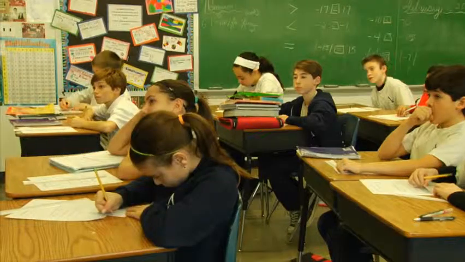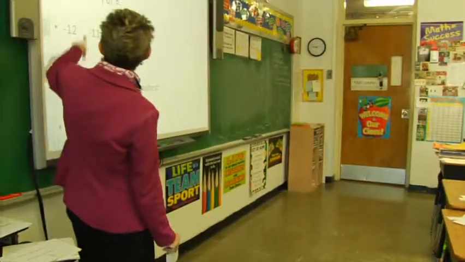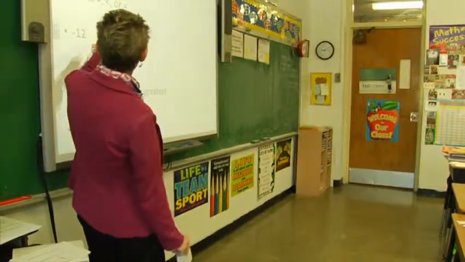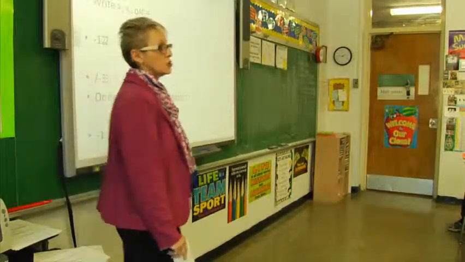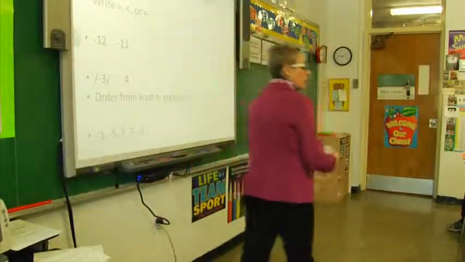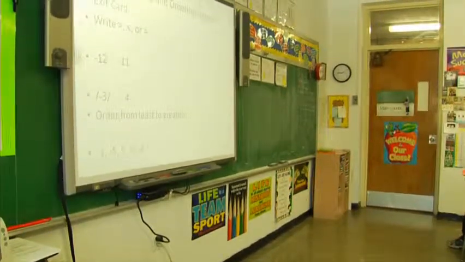So you just have 2 comparisons and 1 string of integers to order. That's all on your exit card. You're going to put greater than, less than, or equal to between these 2 numbers and those 2 numbers. And then you're going to order these integers least to greatest. Begin. And remember, it's IP, individual practice.